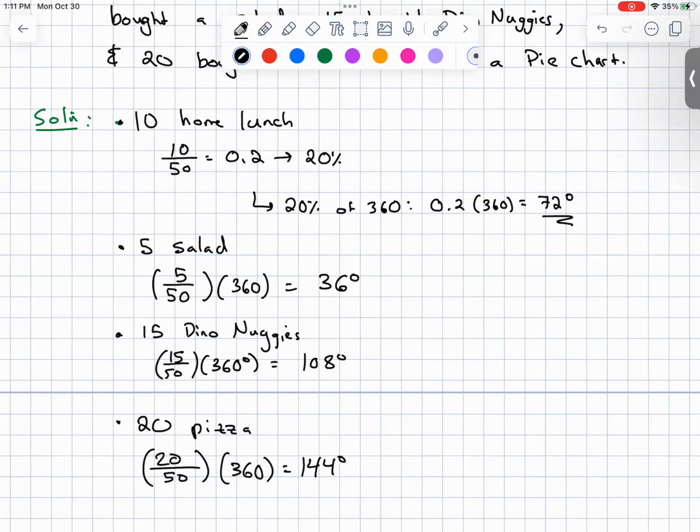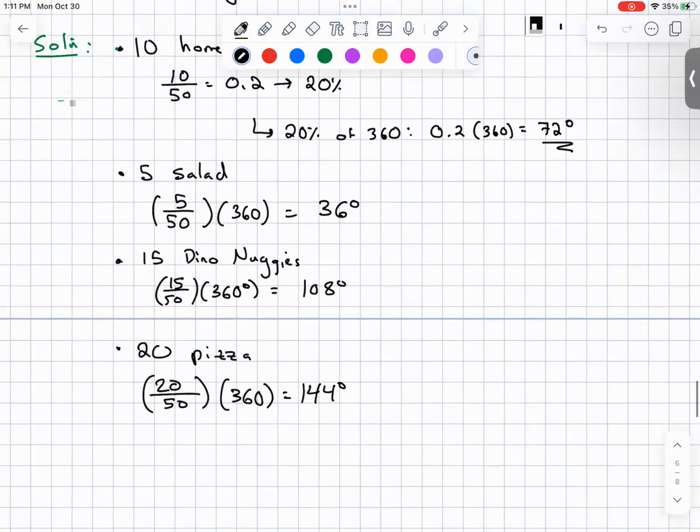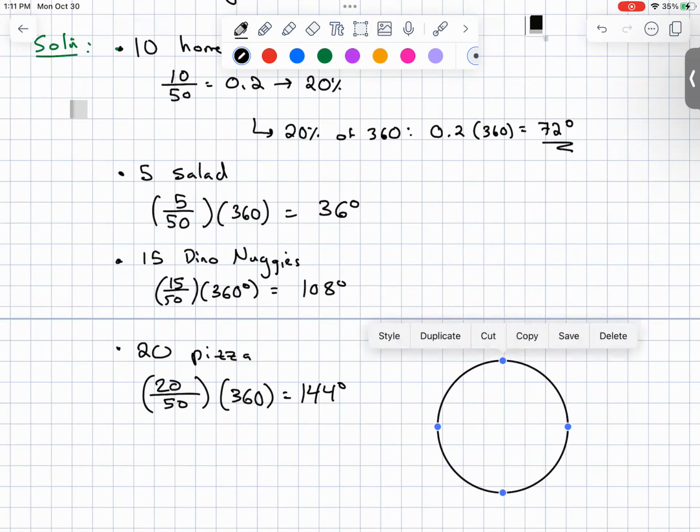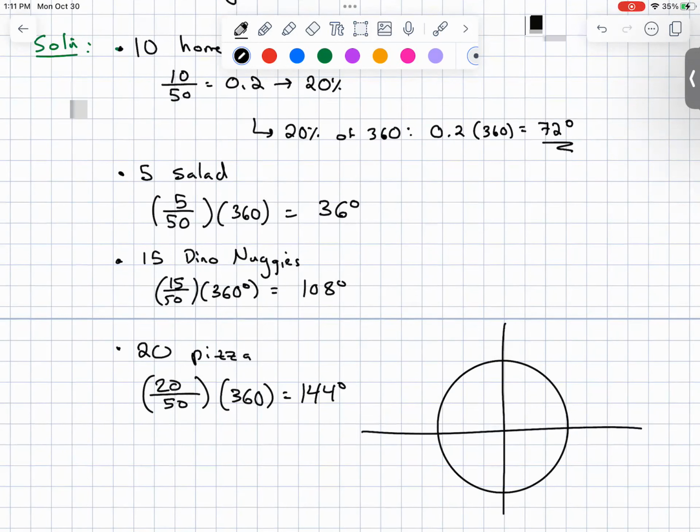Now we just got to create a chart for it. Got to create that pie chart for it. So we'll just draw a circle, as best as you can. And if you don't know, you can split this up into 4 quadrants.